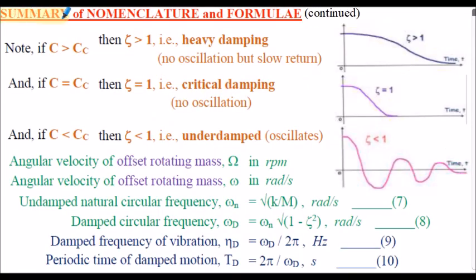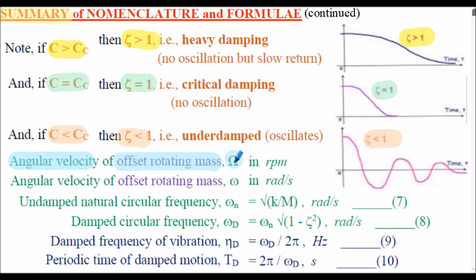Summary continued. I've stated here various damping characteristics that we reviewed previously. They're just included here as a brief reference guide as to the effects of zeta on our system. Then we have the angular velocity of our offset rotating mass, that's lowercase m.